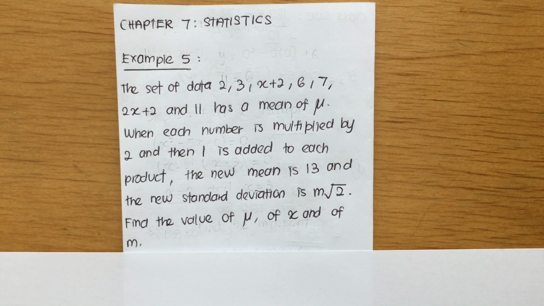Alright guys, before I start to explain the question, let me explain the concept I'm going to explain in this question. The concept is the effects of data. In the branch of statistics, there are two analyses we'll be studying guys.